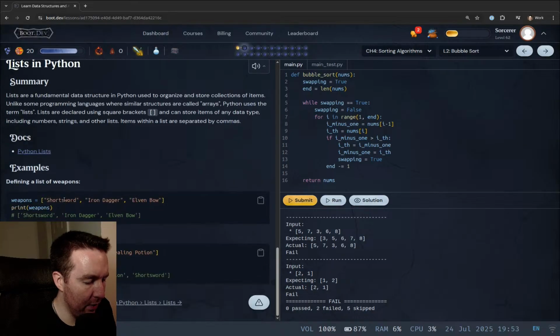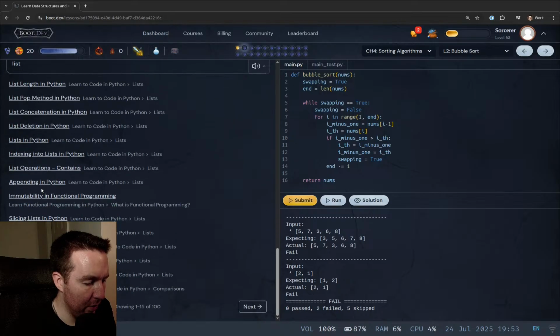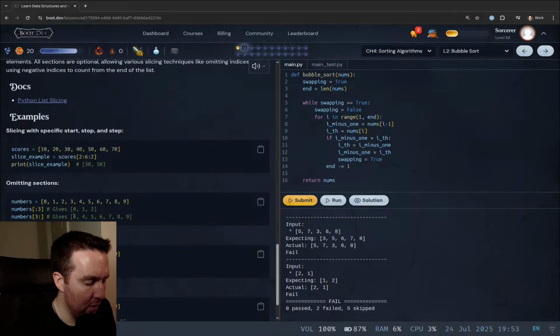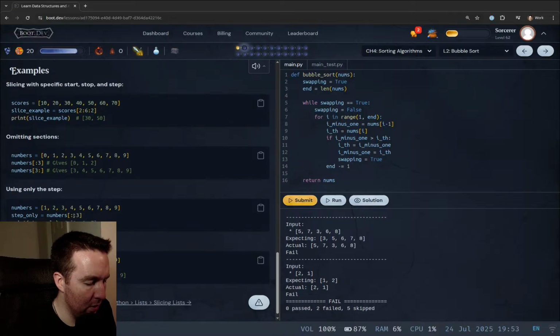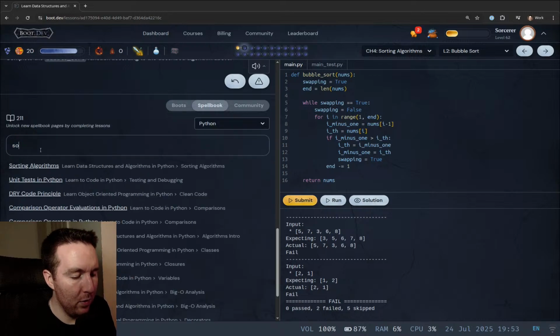Lists in Python, defining a list of weapons. It's just very basic stuff. List operation contains, appending, Python mutability, functional programming. Slicing lists, reversing, updating list elements. So look at that. Sorting.